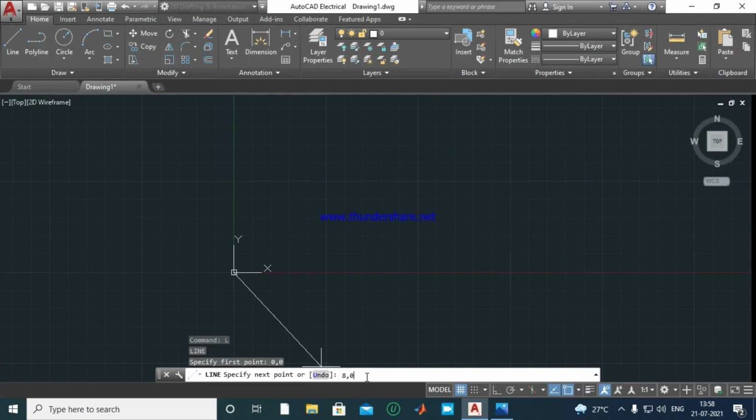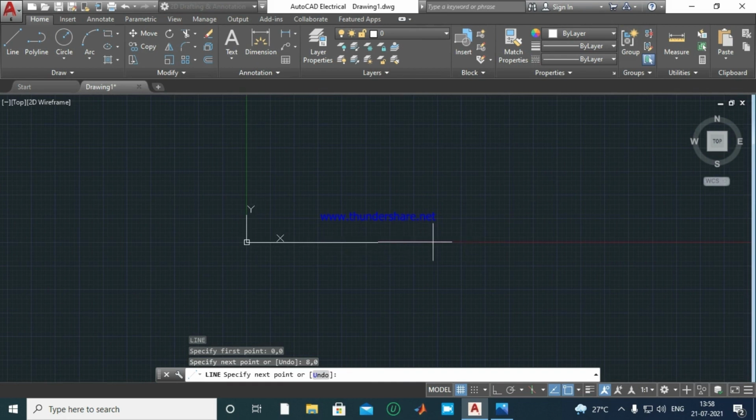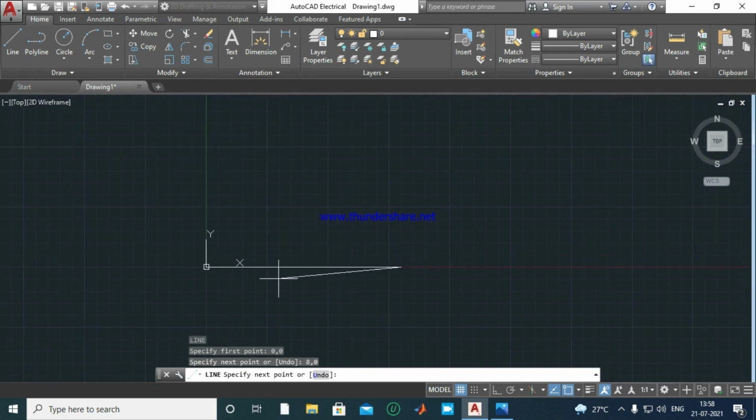The x value is 8 and the y value will be 0, because on the x axis the y coordinate will be 0, and on the y axis the x coordinate will be 0 if the point is lying on it. So by giving 8, 0, the line is drawn in the x direction.